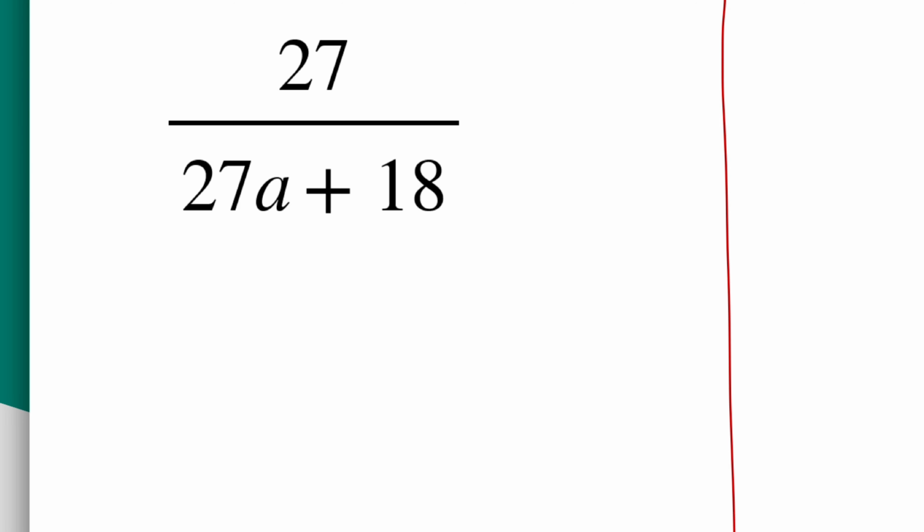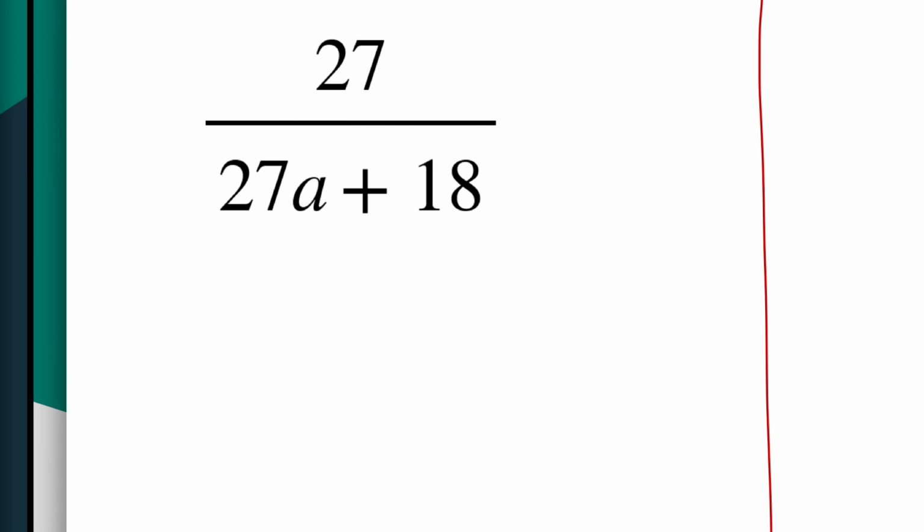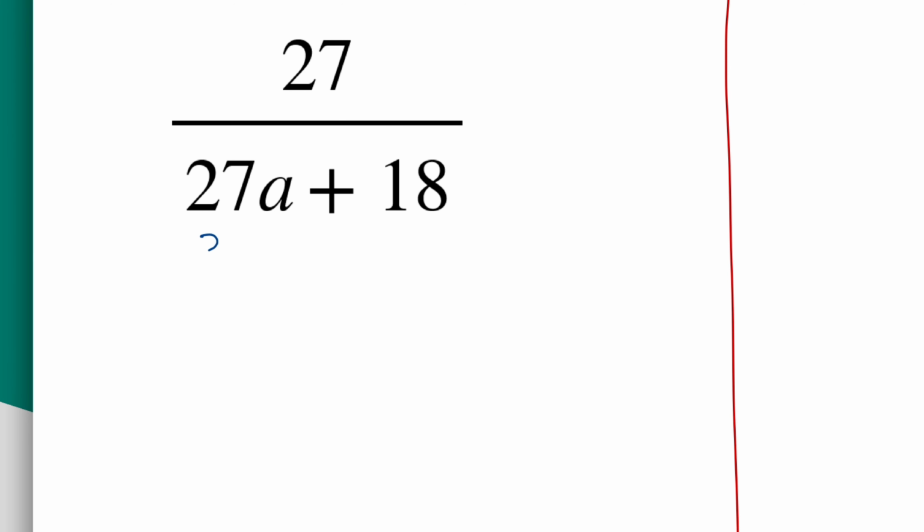All right, so I look at 27, I look at 18, okay? I know that 3 goes into 27, and I know that 3 goes into 18. Now, if you're struggling with figuring this out, you can take your smallest number and write out all the factors of it.